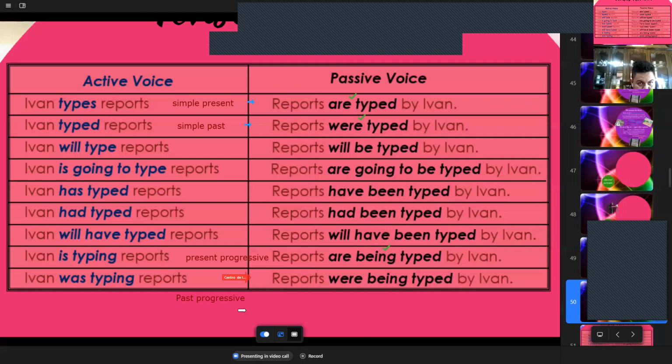This past progressive also indicates how I am using the verbs in passive voice. I say were being typed. Now, this is what we are going to analyze in today's class. Okay, Salvador?